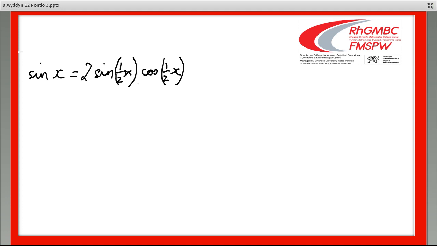And that is a formula that you will encounter from the A-level maths. Now, we've just written down the value of sine of half x and cos of half x.